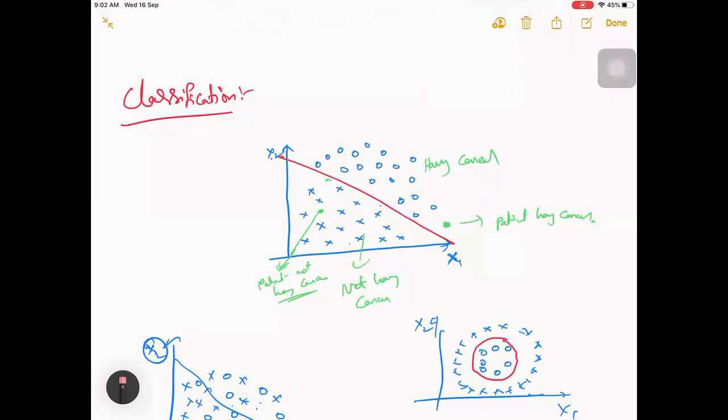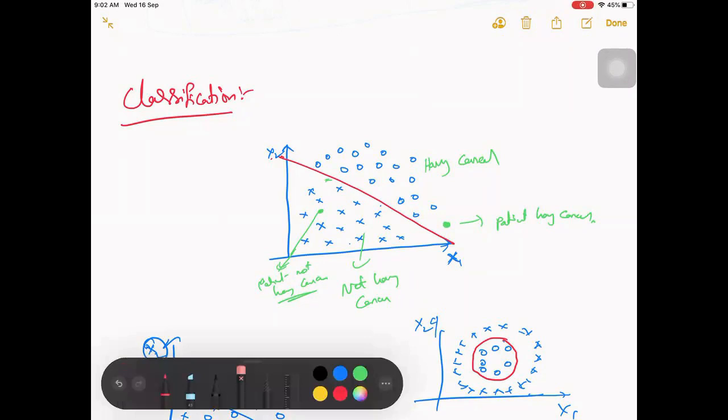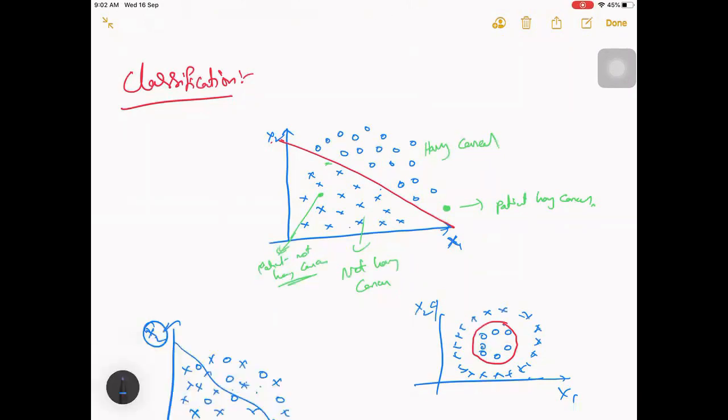Maybe there are chances to be positive. When it is very far from your line, the decision boundary, then you can confidently say that this is positive. No, sorry, this is not having any cancer, something like that, right? So you also have to take into account whether it is confidently saying that your value is negative, or it is not confident at all.